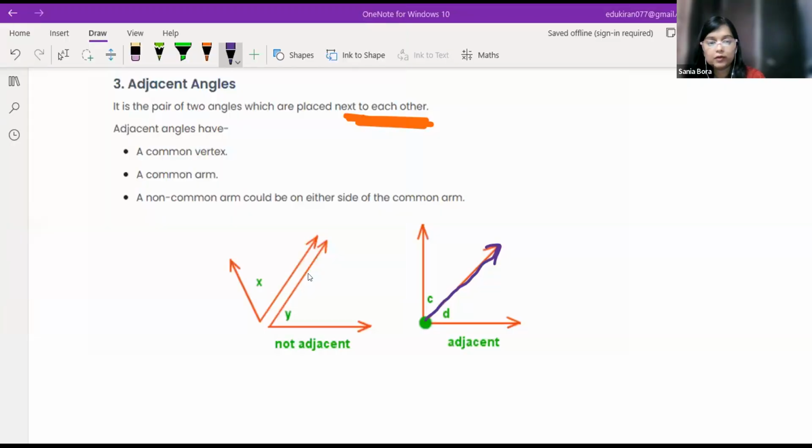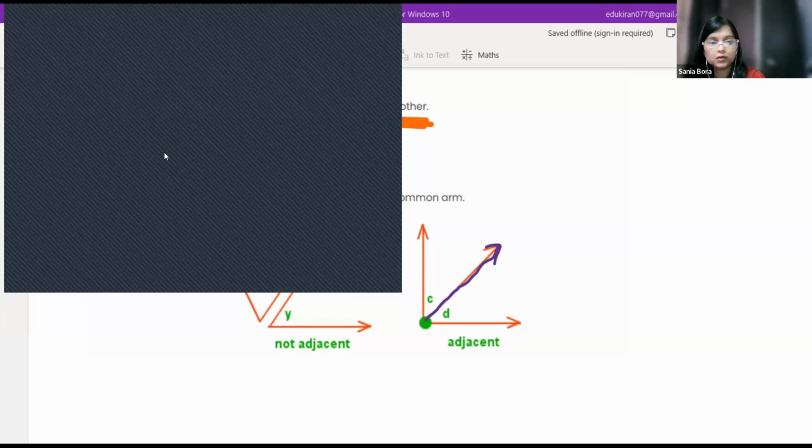Okay, Basim, you have also finished? Just a minute. Okay, done. Actually, something's covering the screen. Now it's fine.